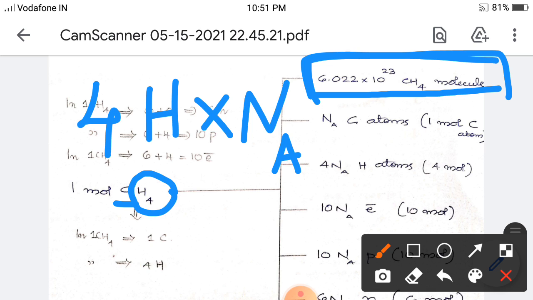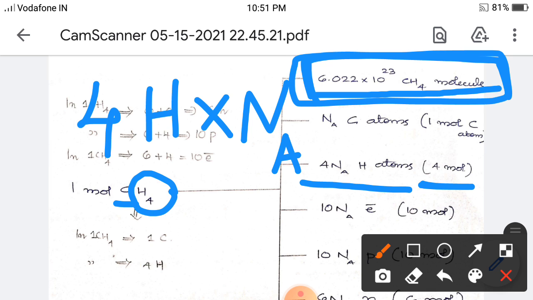We are multiplying with this number. So 4 hydrogen atoms into NA means not 1 mole, but 4 moles. This 4 hydrogen atoms into NA, the Avogadro number, gives 4 moles.